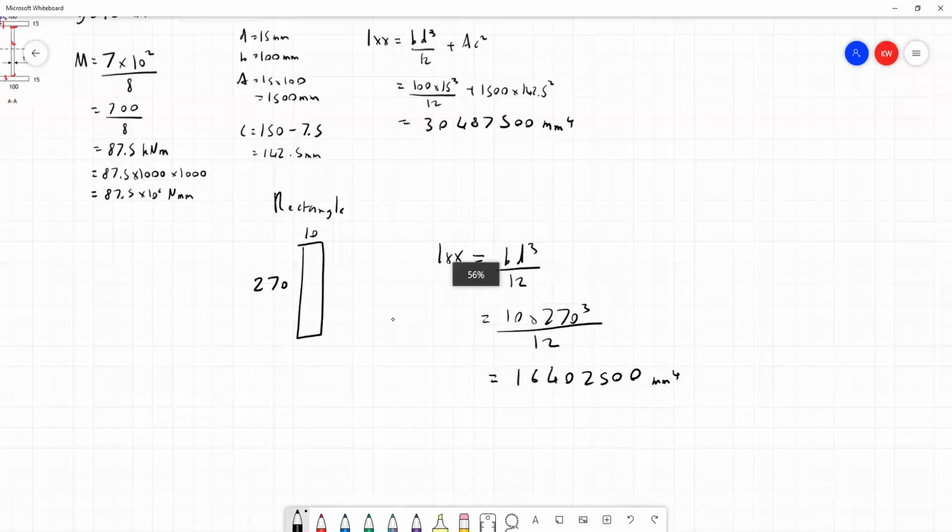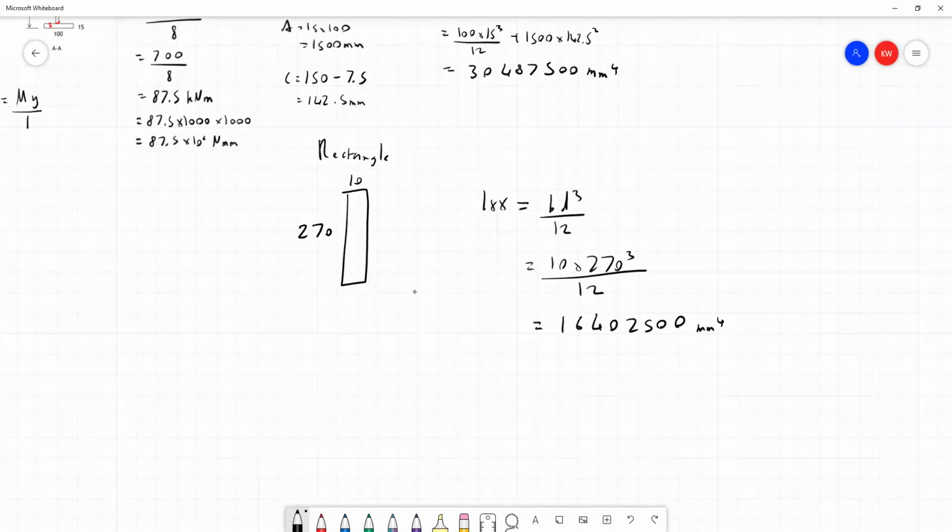Now to find the second moment of area about the XX axis for the I-beam, we add these three areas together. So we have 2 times the value we got for the first rectangle, because that's the same as for the third. So that's for 1 and 3. They're both this number here, 30,487,500.